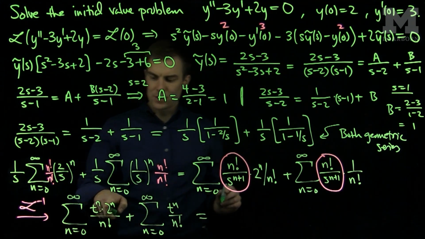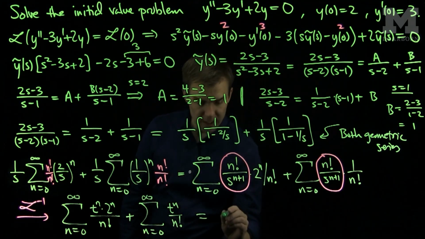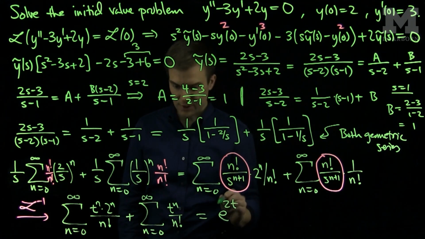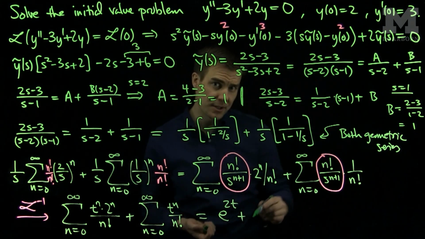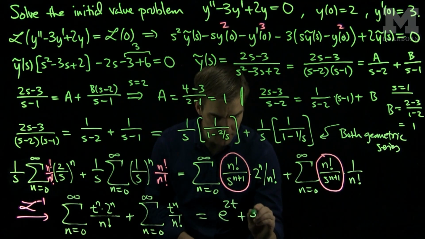The first expression is the Taylor expansion for e to the 2t. The second series is the Taylor expansion for simply e to the t.